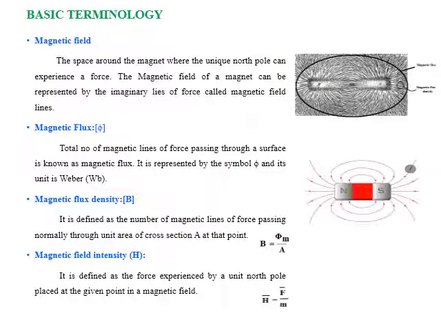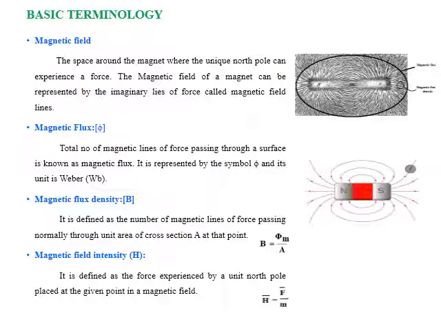Now let us start with a term called magnetic field. A magnetic field is nothing but the space around the magnet where the magnetic effect will be experienced. We can again define it as the space around the magnet where the unit north pole can experience a force.